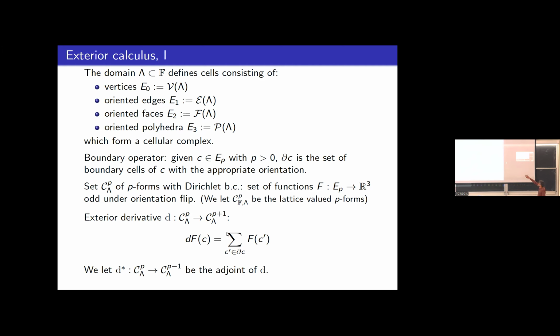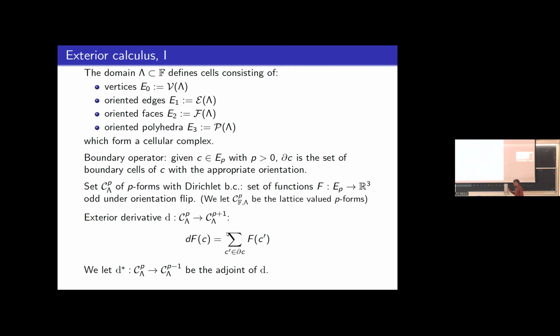So let me introduce some basic notions that will be needed in the following. As I told you, I defined this finite portion, with the shape of a parallelepiped, of the FCC lattice. This portion of FCC lattice comes with a vertex set, which I previously called V lambda, a set of oriented edges, a set of oriented faces, as I described this morning.